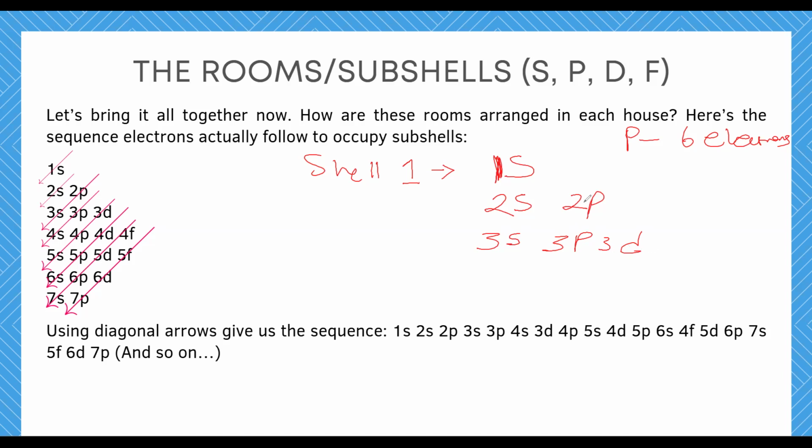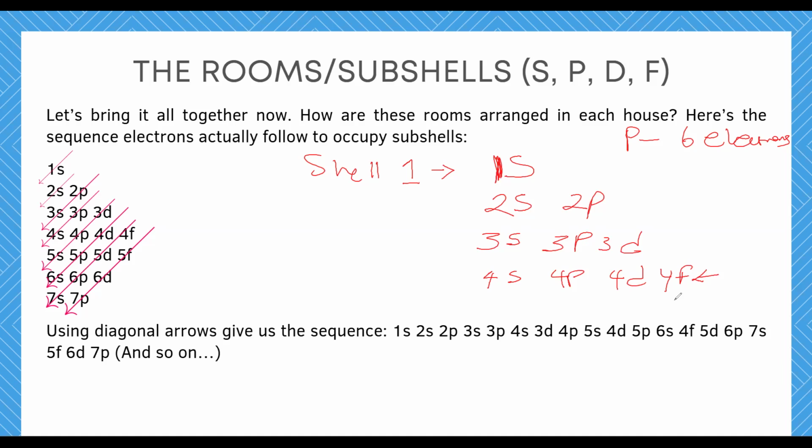Which one are we following? 10 electrons. The D subshell can accommodate 10 electrons. And then when we come to the 4th level, we have 4S, 4P, 4D, and 4F. How many electrons did I say the F subshell can accommodate? 14.